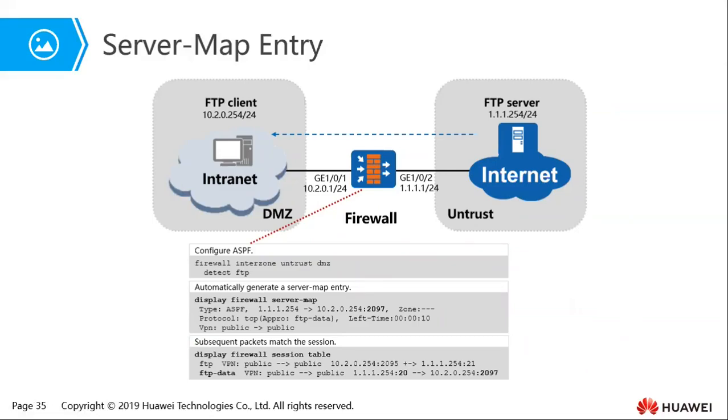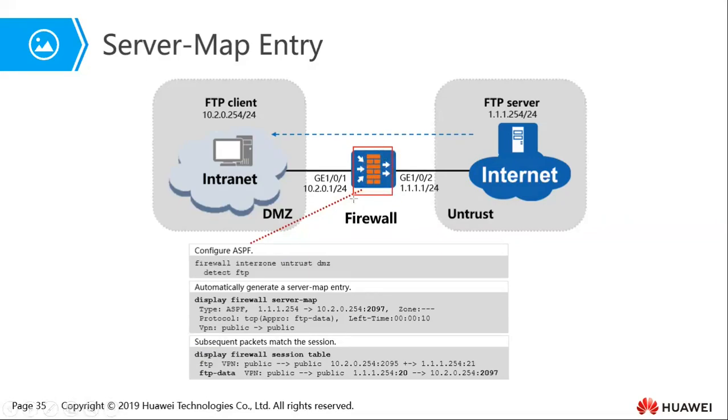So how do we configure this on a firewall? The reason it's called an application specific packet filter is that it's most of the time used to detect those application layer protocols that use random ports.